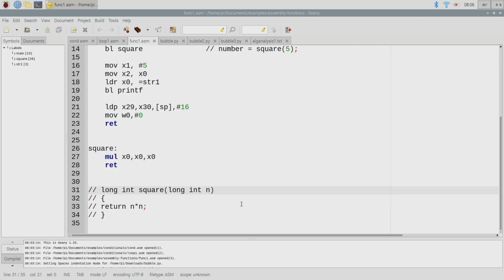That's the convention for where you should expect to put inputs to functions that you write or that somebody else has written. For example, I wrote this square function, which is kind of silly, but there are square root functions built into the hardware.